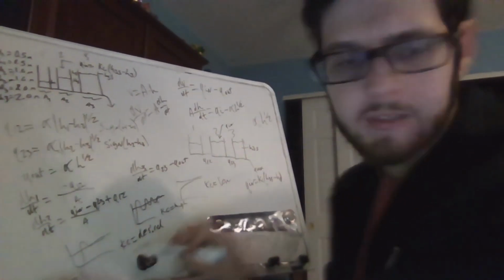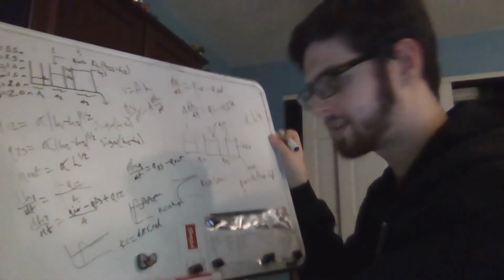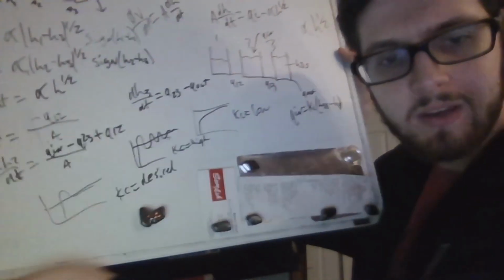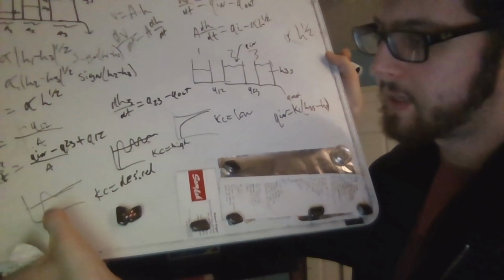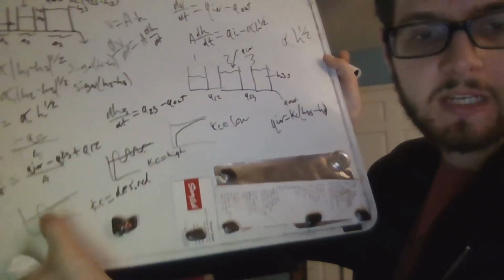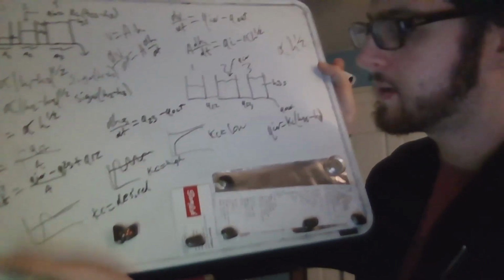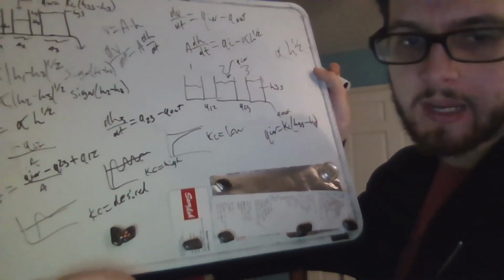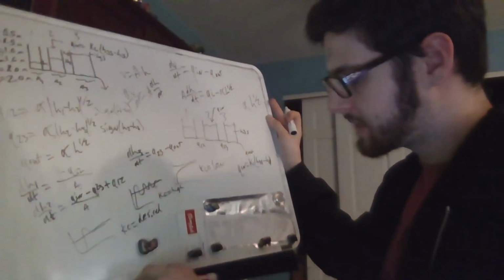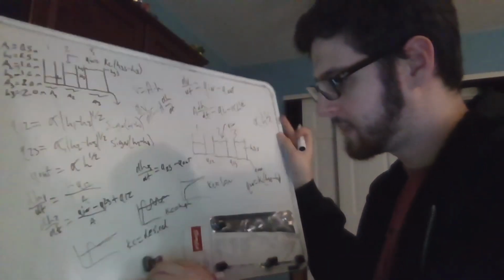So if you have your desired Kc, it's going to go above your set point height, but it's eventually going to even out, and it's not going to have all that turbulent sinusoidal wave stuff that the high controller constant has.